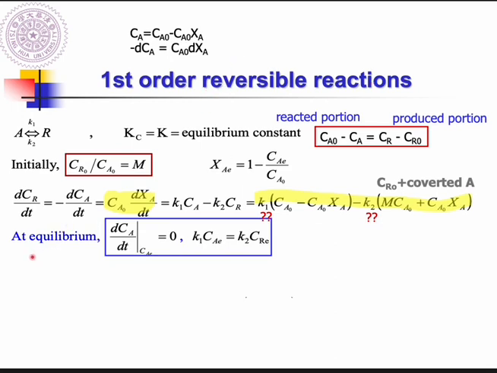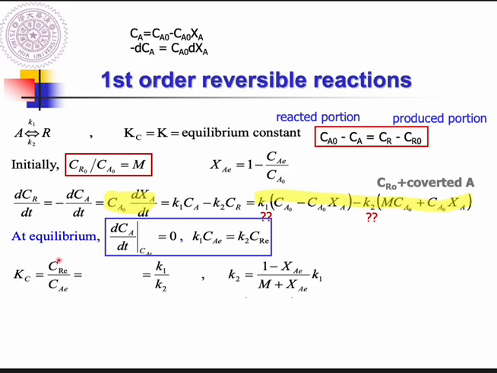So when this reaction reaches equilibrium, the concentration of reactants does not change with time, dCAE equals 0. And at equilibrium, how much is converted to product equals how much is converted back to reactants. So K1 CAE equals K2 CRE. I highlight the E to indicate equilibrium conditions.